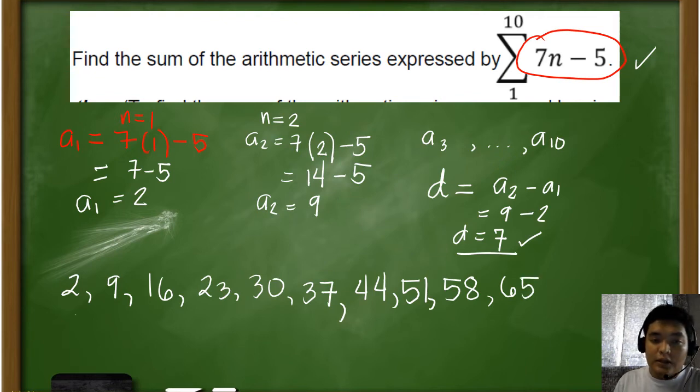Let's check now. This is a sub 1, a sub 2, a sub 3, a sub 4, a sub 5, a sub 6, a sub 7, a sub 8, a sub 9, a sub 10.